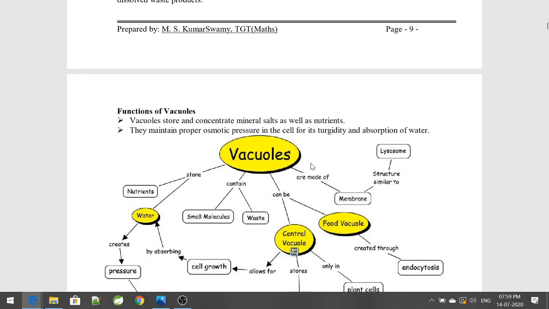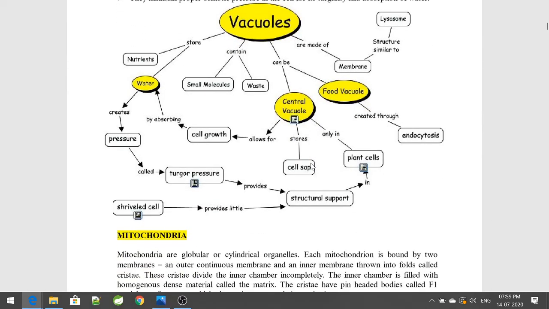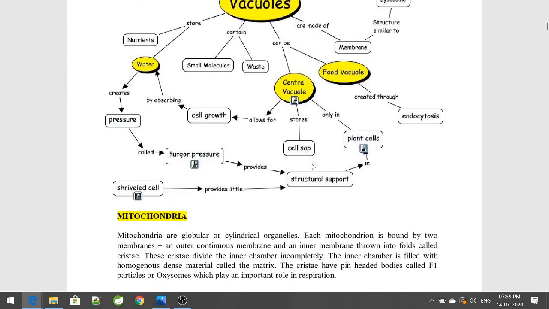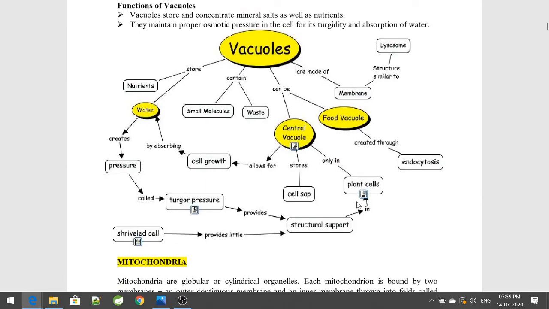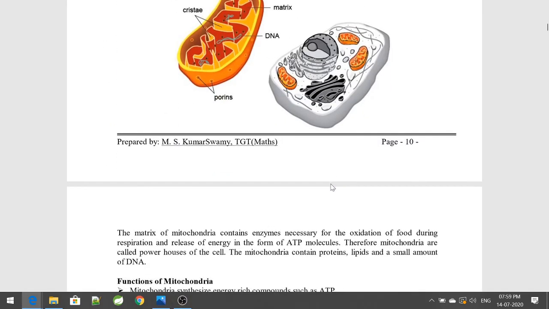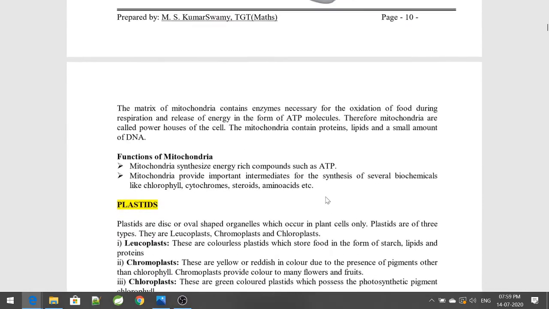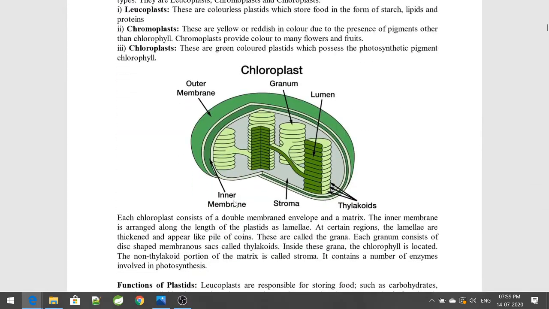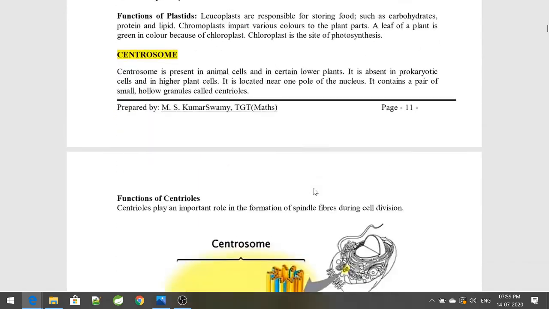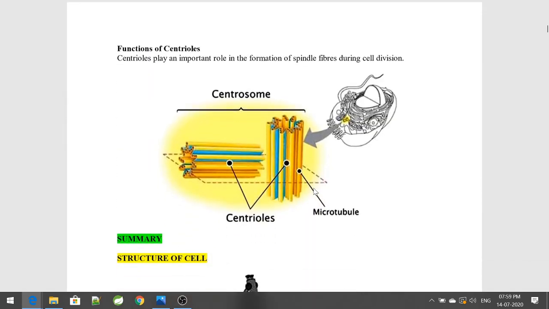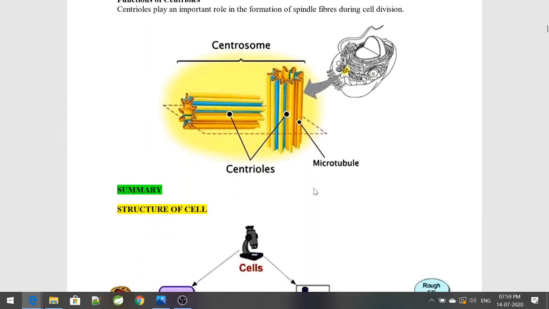Function of ribosomes. Vacuoles, what vacuoles do. Mitochondria, see here, bean shaped. Plastids or chloroplast, how it will be. Centrosomes we see only in animal cells. What are centrosomes, how are they? They have shown both in a vertical and in a horizontal position. See here.